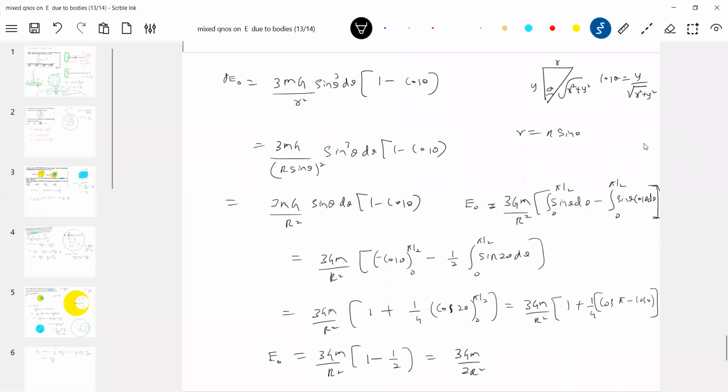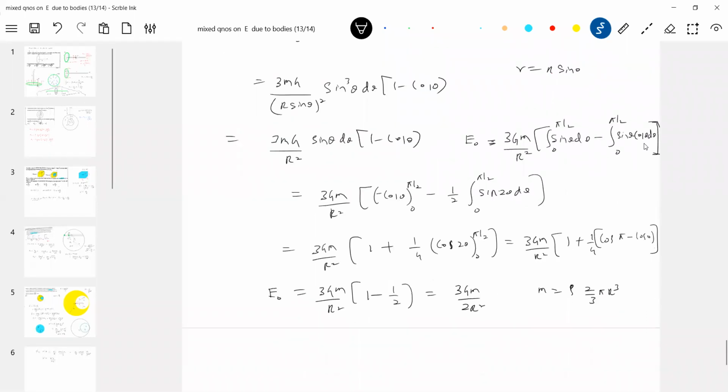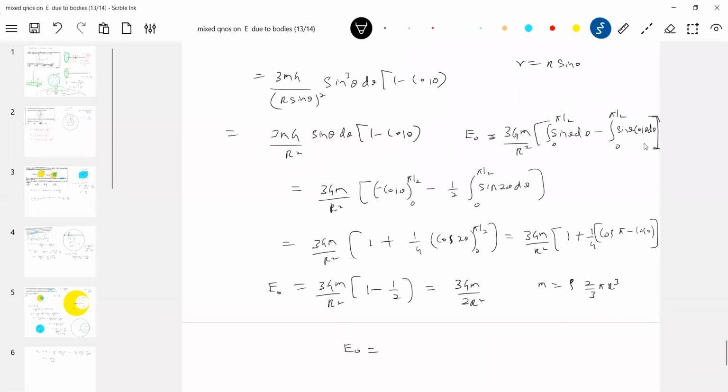If you want to bring it in terms of the density, you can write M as rho into 2 by 3 pi r cube. Mass is rho into 2 by 3 pi r cube. Substitute that, and in terms of density it will come. Some books give it in terms of density.